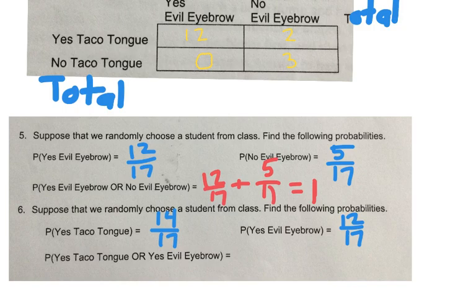That means there are only two people that could do one or the other. They couldn't do both. They could only taco tongue or they could only evil eyebrow. And that would be these two people. If there was a number here and here, anything but 0, those are the two that would get added together. Because this part's the overlap. I've counted it twice. Those people don't exist twice, but I counted them twice.